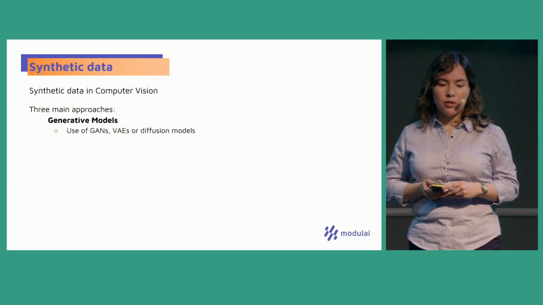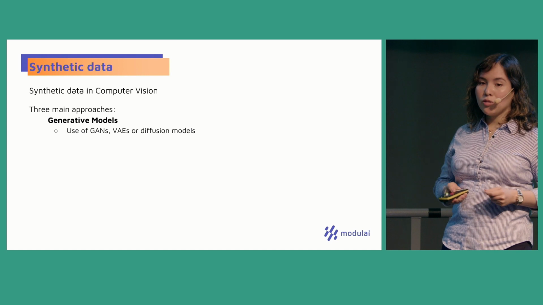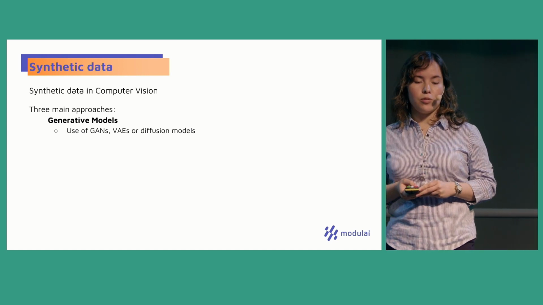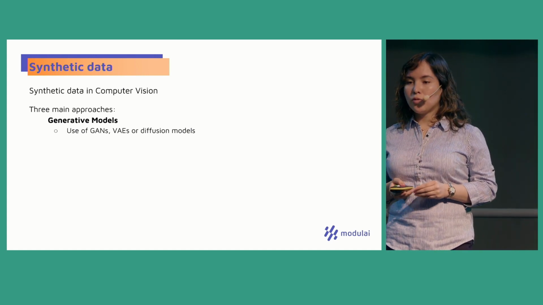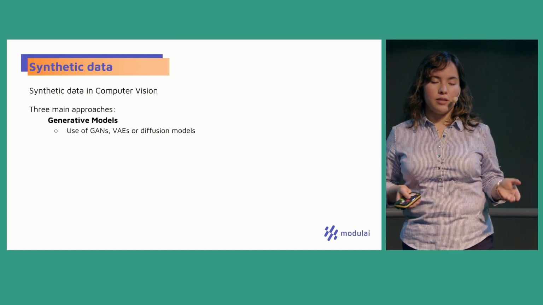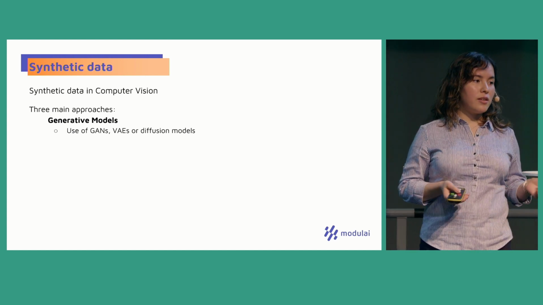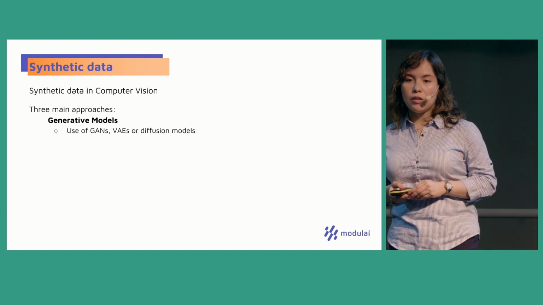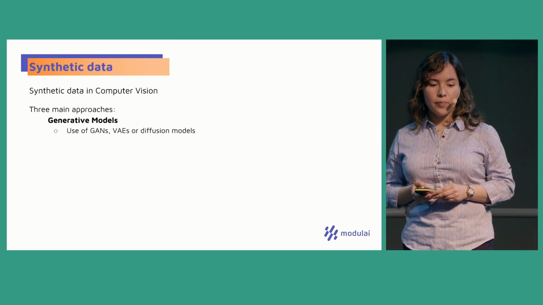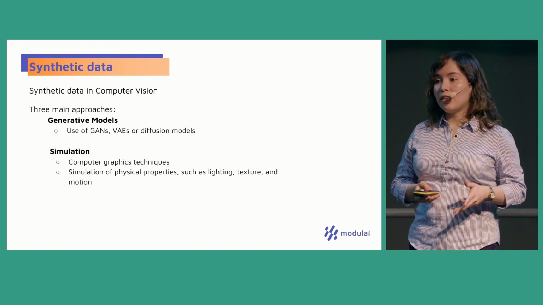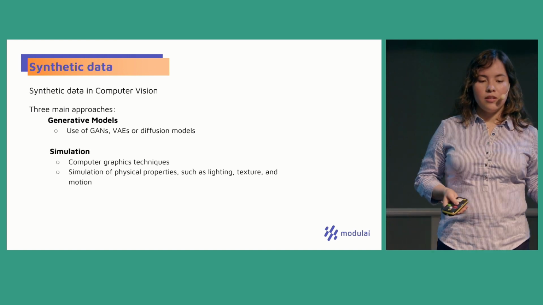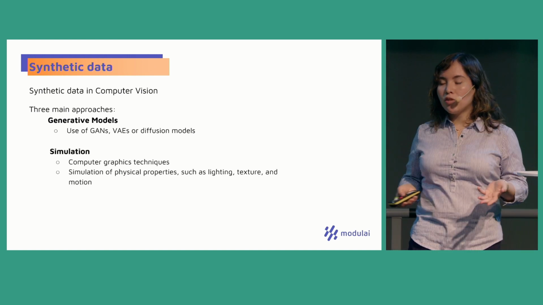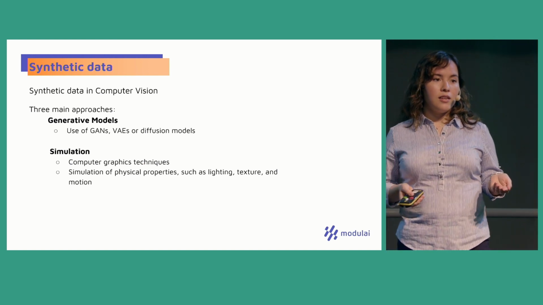Okay, so now I'm going to go through some approaches that one can use to generate synthetic data. There are three main approaches. The first one is using generative models, for example, GANs, variational autoencoders, or diffusion models. One can also use simulation tools. This means computer graphics techniques.